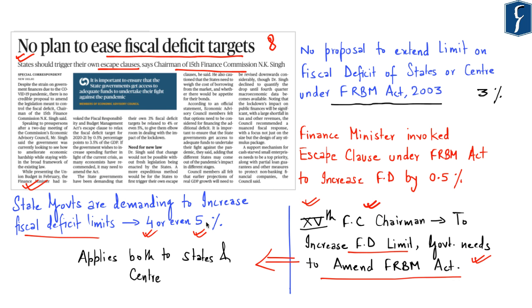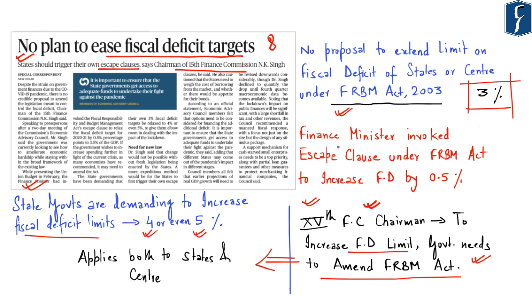So, if a state needs to increase its fiscal deficit target to more than 3%, say to 4 or 5%, then it needs to amend the respective FRBM Act of its own state. Similarly, if the center wants to increase the fiscal deficit target from 3% to more than 3%, then it has to bring an amendment in this particular legislation.